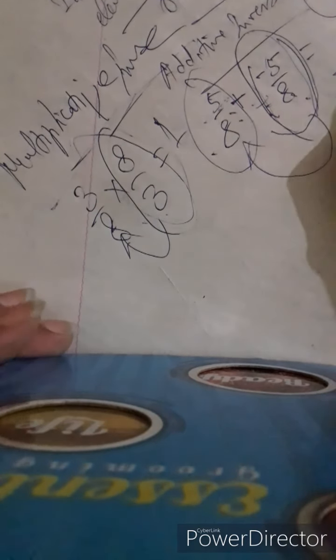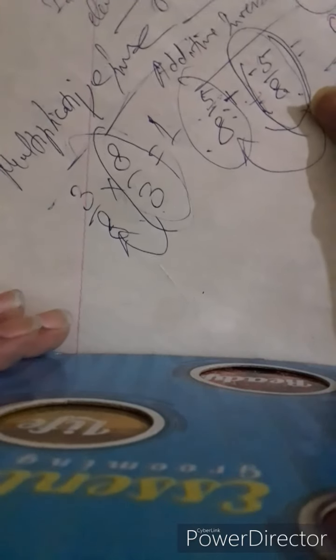Now we'll see the property of distributivity of rational numbers. The property of distributivity of rational numbers states that if 2 by 7 is multiplied by 1 by 6 plus 1 by 9, suppose I have taken these rational numbers, then the result becomes 2 by 7 into 1 by 6 plus 2 by 7 into 1 by 9.